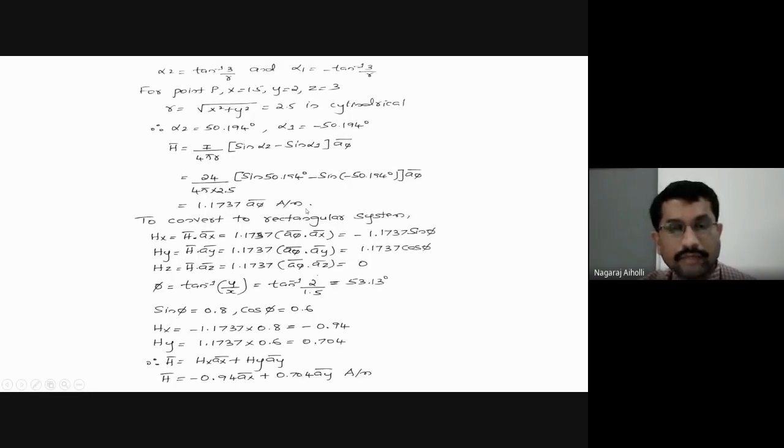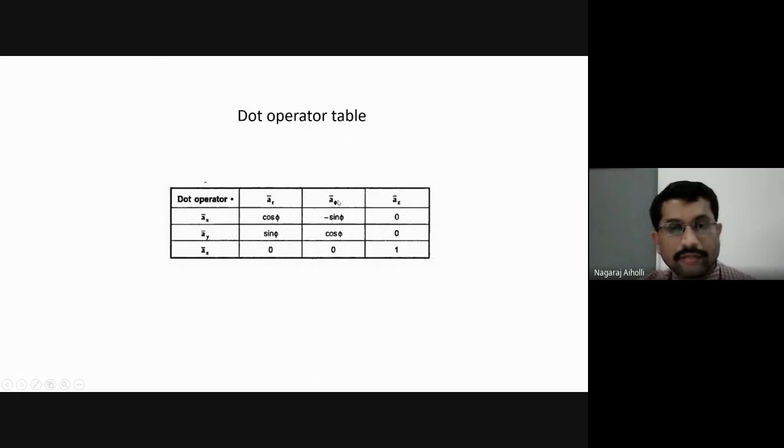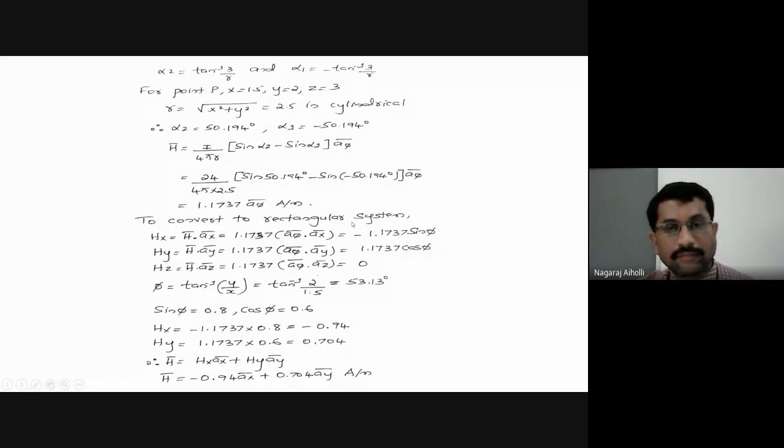What we want here is A phi bar dot Ax bar, which is equal to minus sin phi. Either Ax bar dot A phi bar or A phi bar dot Ax bar, that is minus sin phi. Write down here: A phi bar dot Ax bar is minus sin phi, so it is minus 1.1737 sin phi.